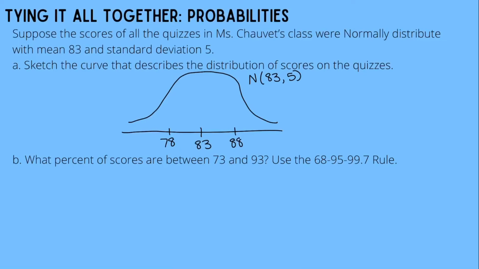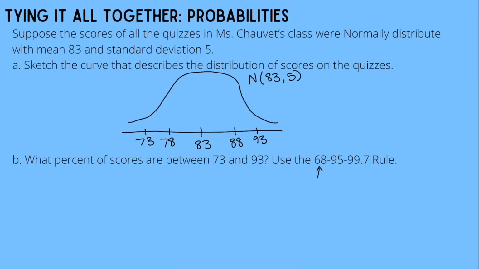And if we look to see what percent of those scores are between 73 and 93, well, in this case now we do have to add another standard deviation on the top. So we're looking at 93 and 73. And since we're using the 68, 95, 99.7% rule, we have 73 and 93. Those are both 2 standard deviations away.